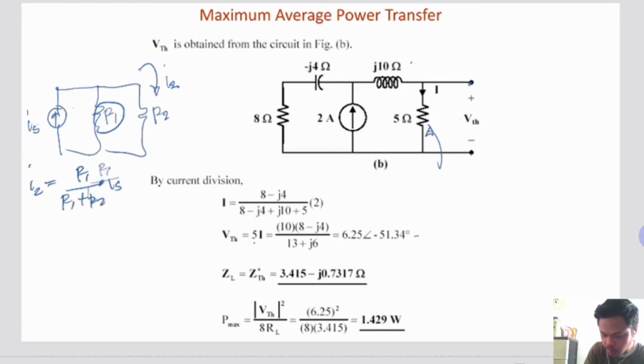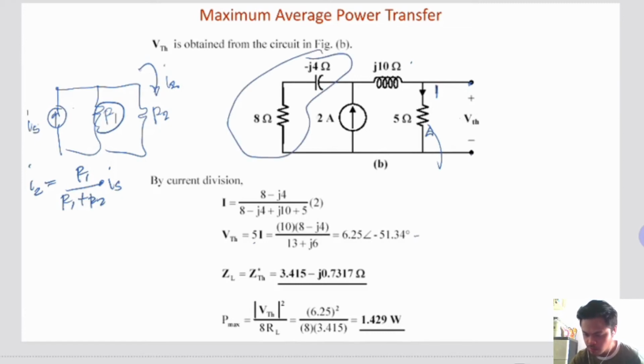So here we have the current flowing through the 5 ohm resistor. We take this element and then multiply by the current source all over the total impedance of the circuit.